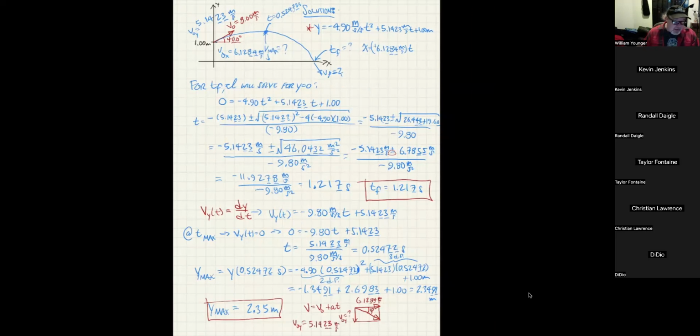So if I take that and subtract from it 9.8, so 5.1423 minus 9.8 times, I got to use my time now, 0.52472. That gives me V final is 4 point, oh, that's a really small number.